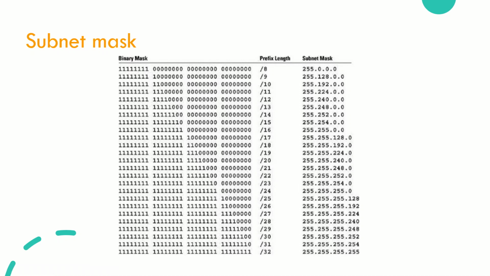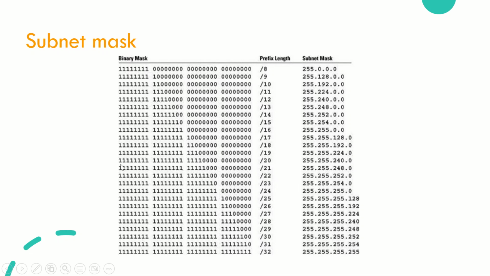For example, if you have a /8, it means the subnet mask is 255.0.0.0. If you have prefix length 9, the subnet mask is 255.128.0.0. And for example, for /20, it is 255.255.240.0.